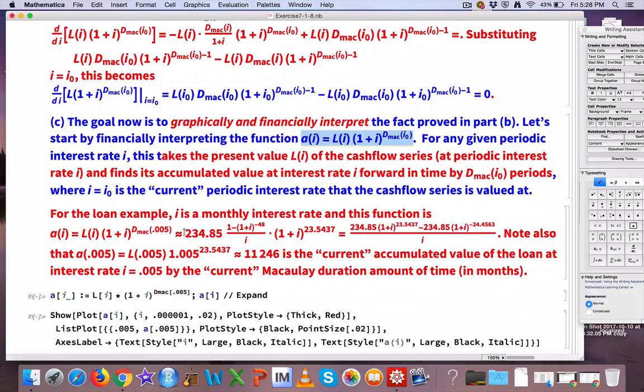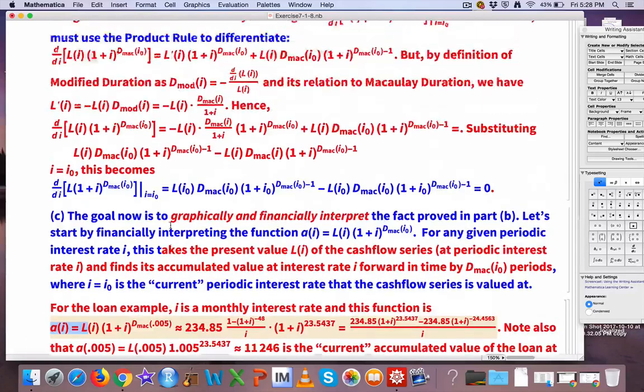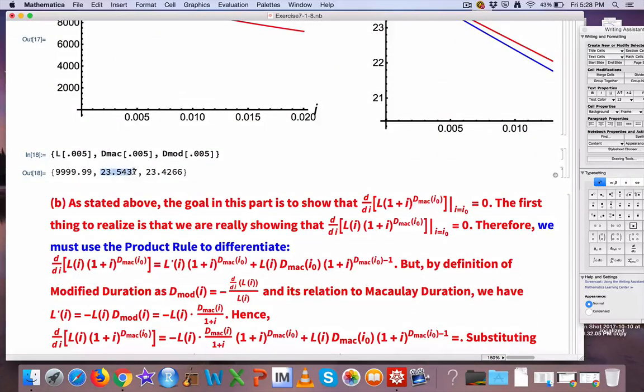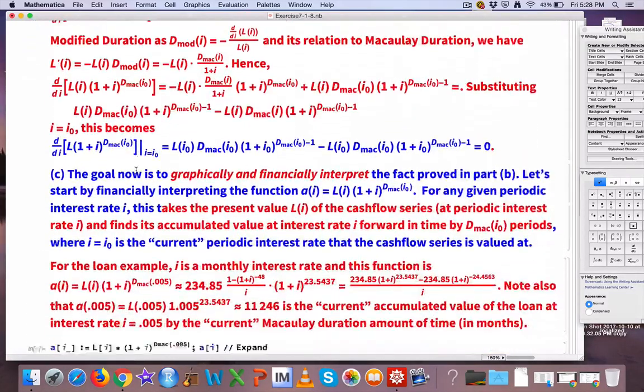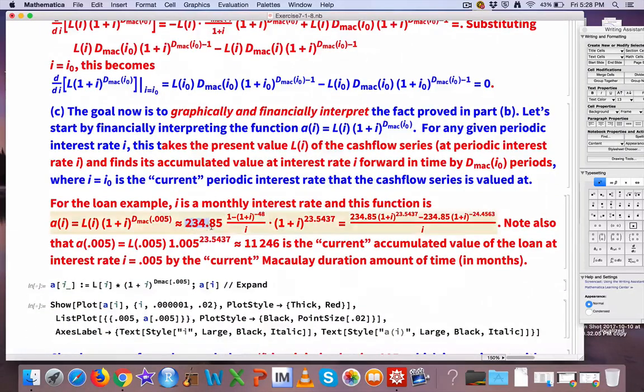All right, so here we are in the loan example that we have. What is A of I? Again, the Macaulay duration, we found that to be 23.5437 here, and the payments were $234.85. So what do we have here? We have L of I, that present value as a function of I, for this series of payments, which you're contractually obligated, even if the interest rates change, to take from the person you gave the loan to.